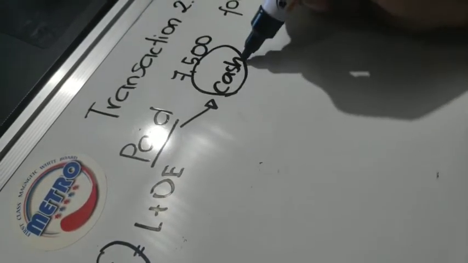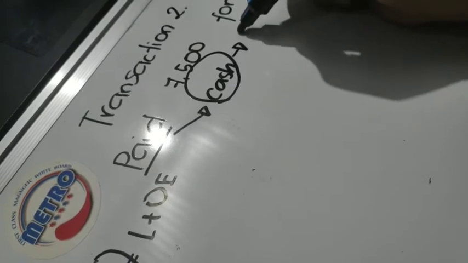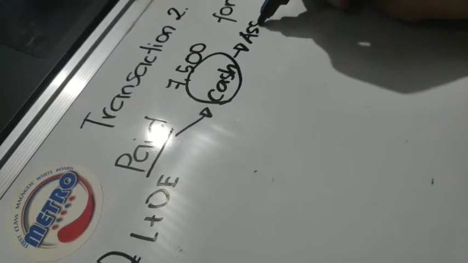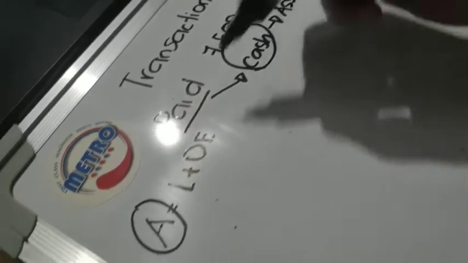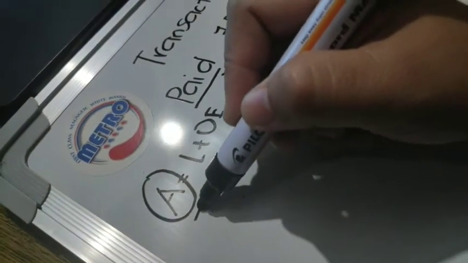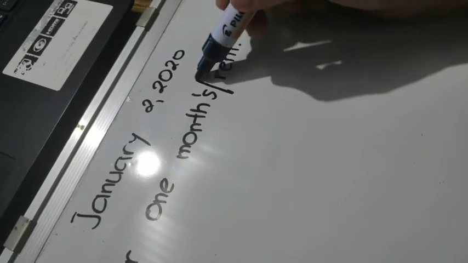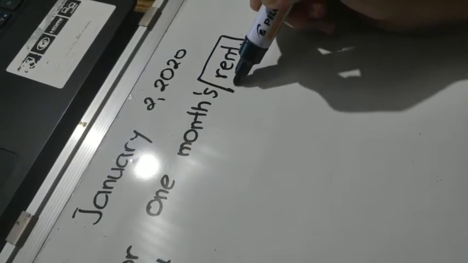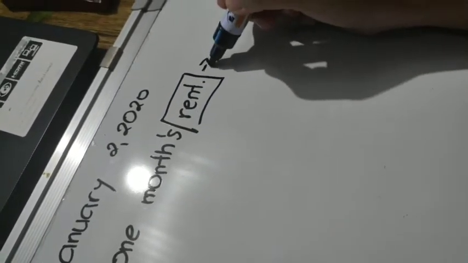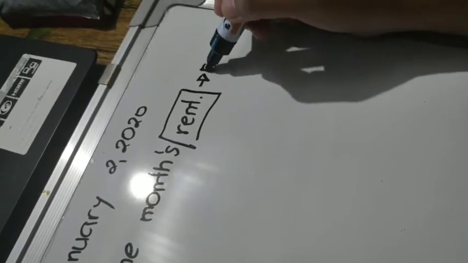Cash is an asset account, so it does affect your asset. Now, the rent is classified as an expense. Why is it classified as an expense?